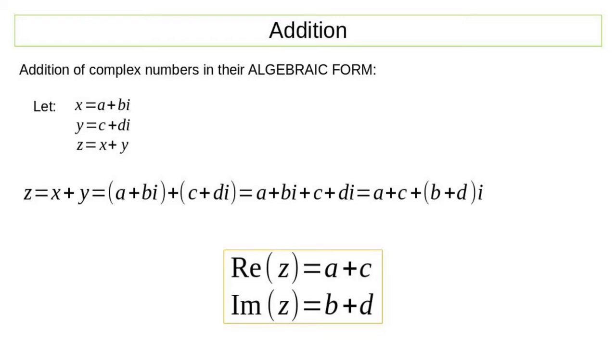We will calculate the number z, which is the sum of x and y. To perform this operation, we will simply calculate the algebraic summation of the terms of the two complex numbers, as we would do with the sum of two binomials. The number you will end up with has a real part equal to a plus c, and an imaginary part equal to b plus d.